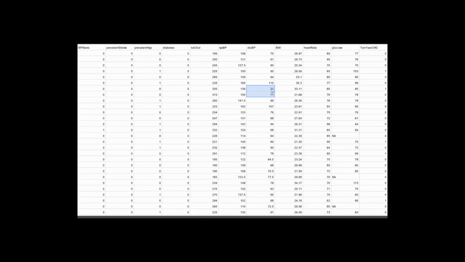A dataset from the UCI Machine Learning Repository was found, as the data contained about 4,300 samples with 10 different features. Some features include BP medicines and prevalent stroke. An output value of yes or no for cardiovascular disease was also found, with 0 being no and 1 being yes.